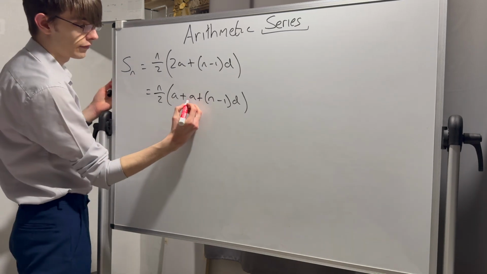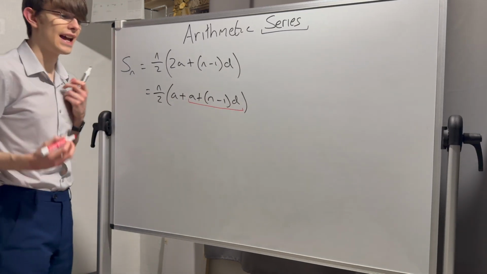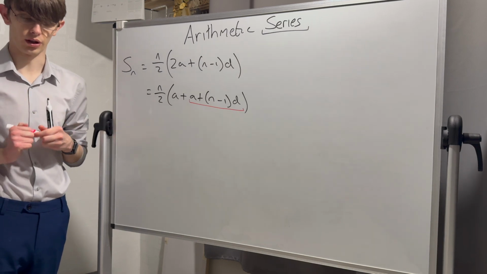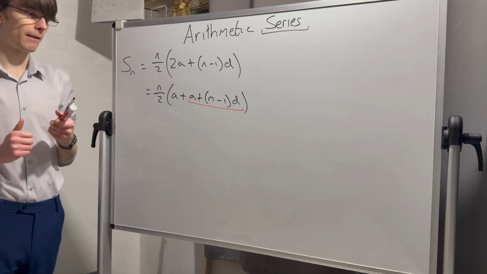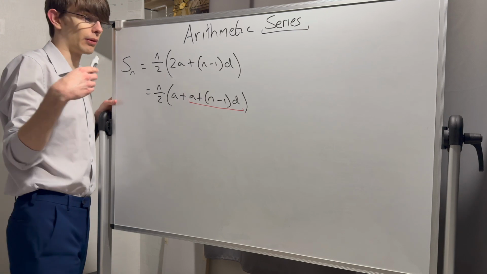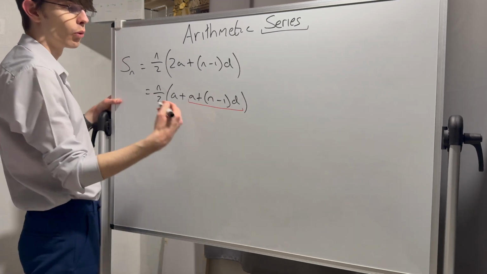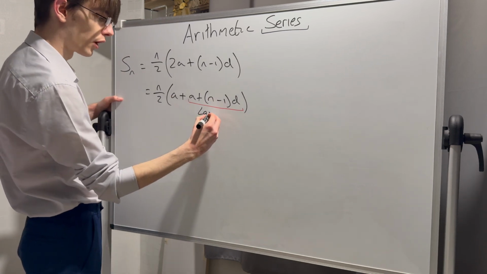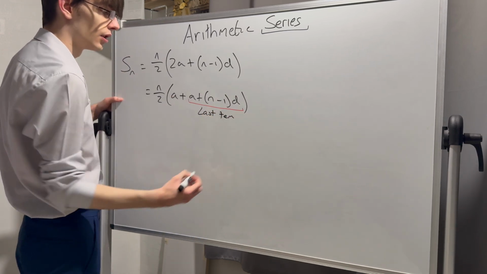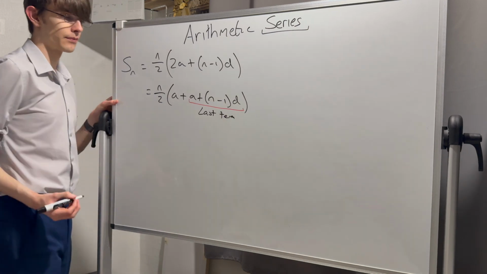I notice that out of nowhere I've pulled an a plus n minus 1d. Now, hopefully from our previous video, we recognize that this here will be the equation for the last term in a sequence.